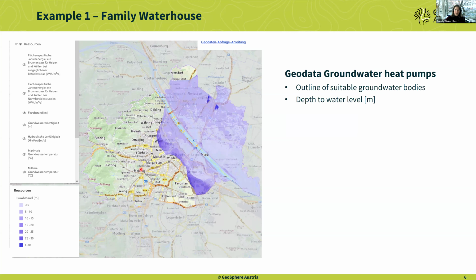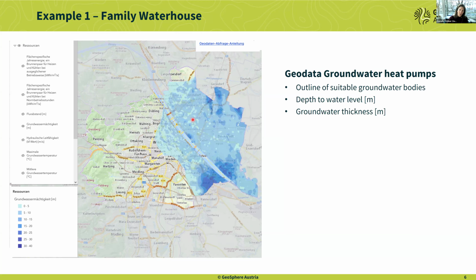But for this other very productive aquifer, we derived a lot of data sets, one of them being the depth to water level, taken from the ground surface down to the water level. This was already available as contour lines to us. And the groundwater basis was also available from a previous project done by a company commissioned by the municipality of Vienna.